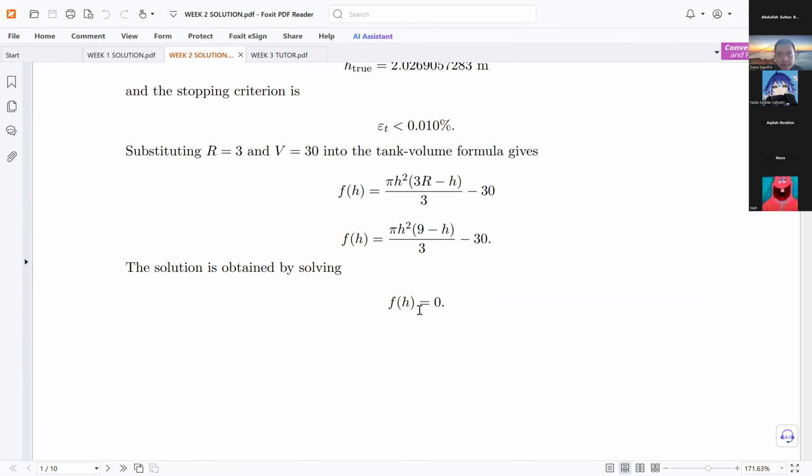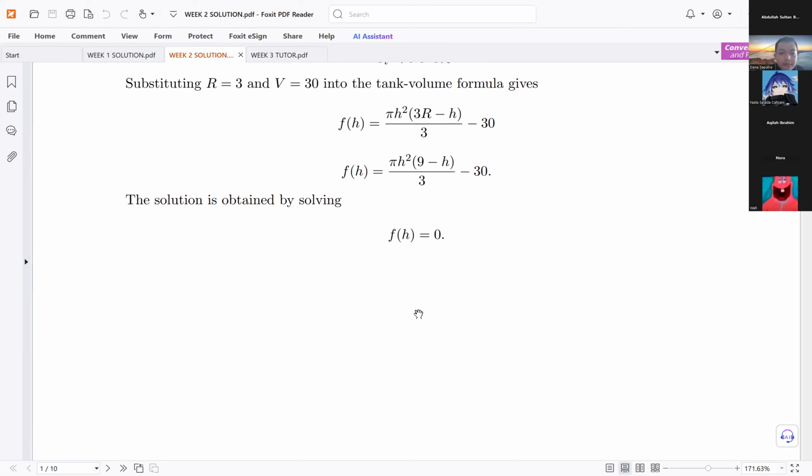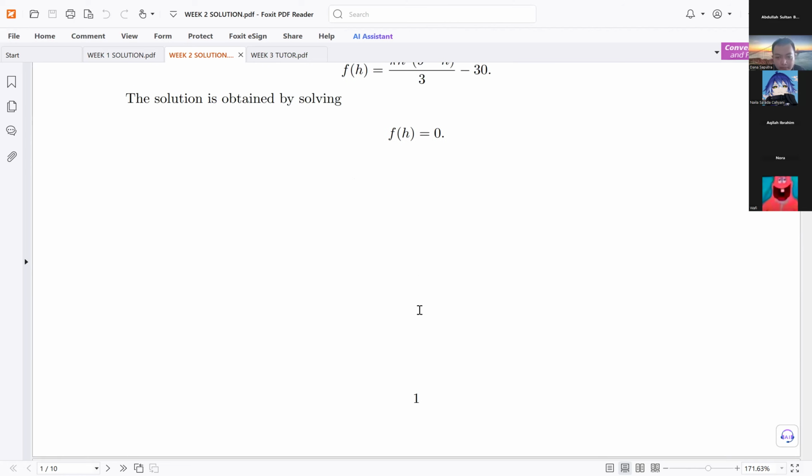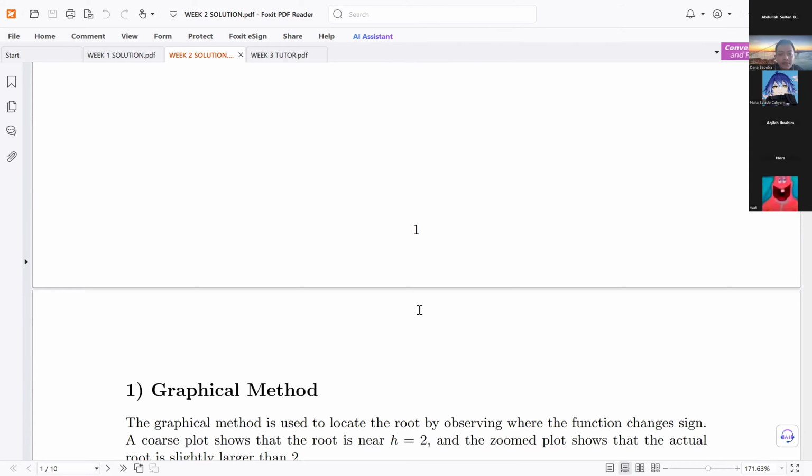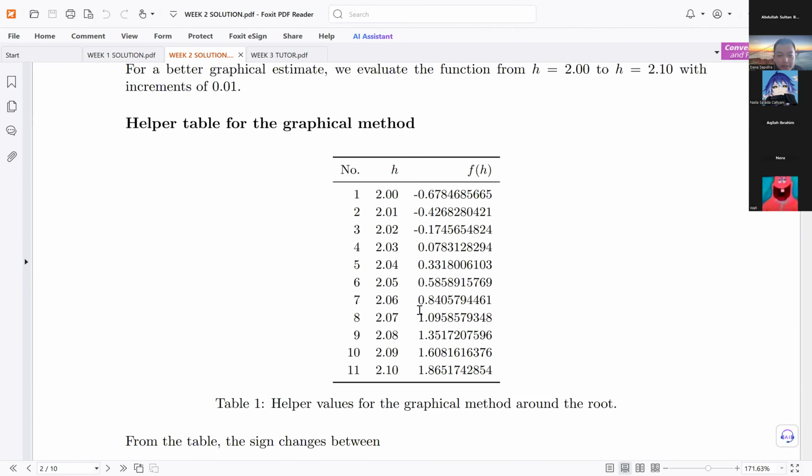Maybe the formula is just like what you already know in high school, maybe a quadratic formula, or what you already know in first calculus. Or maybe Mr. Ilham will give you the graph, if there is a problem with the graphical method.